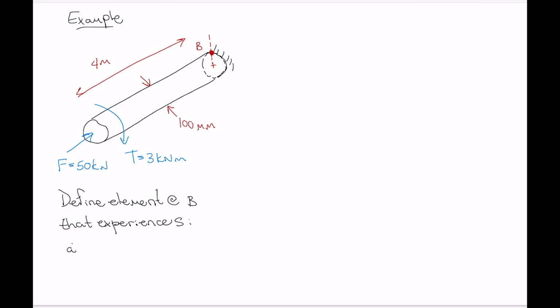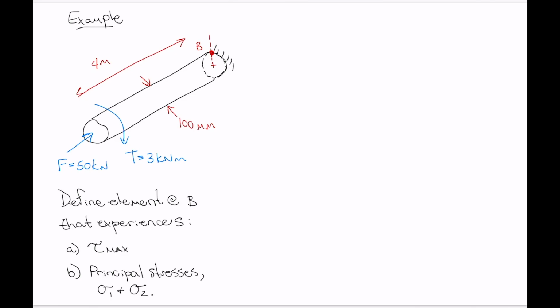Experiences A, maximum shear stress, tau max, and B, principal stresses. And those are given by sigma 1 and sigma 2. Principal stresses sigma 1 and sigma 2. And their maximum shear stress, tau max.